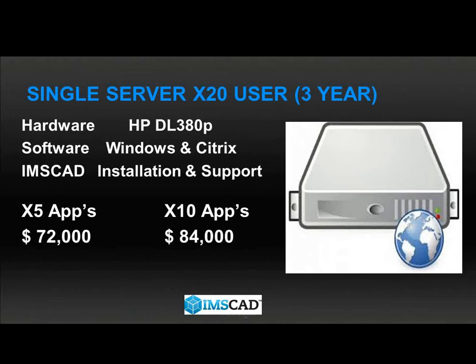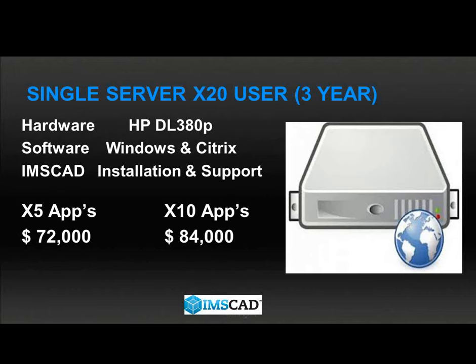So we're talking there hardware expenditure, the licenses, the renewals of the licenses, extended support from us for a 3-year period. Now, if you look at that based on 10 applications, if you worked it out per month per user, that would be $117.